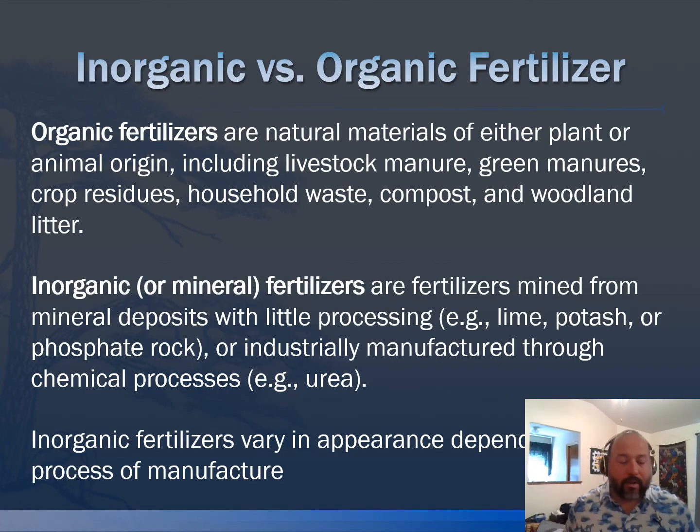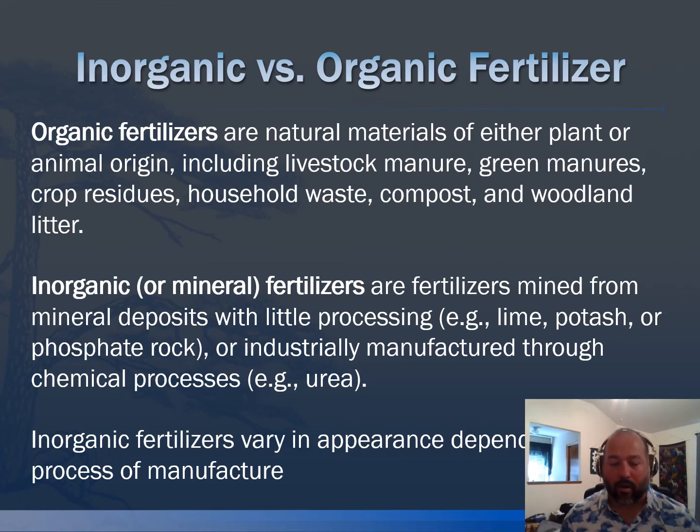At the beginning, we talked about the idea of inorganic versus organic fertilizers. Organic fertilizers are natural materials of either plant or animal origin, things like livestock manure, green manures, crop residues, household waste if you compost, and woodland litter.